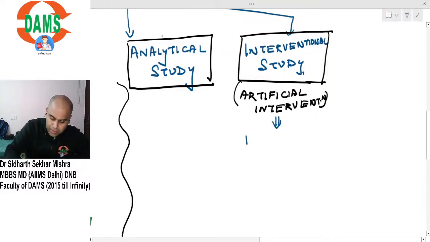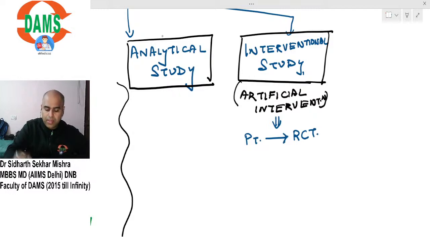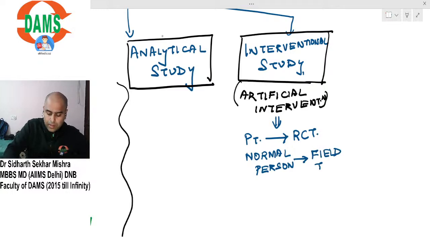So the artificial intervention can be at the level of a patient. This is called a randomized control trial. It can be at the level of a normal person, which is called a field trial. It can be at the level of community.